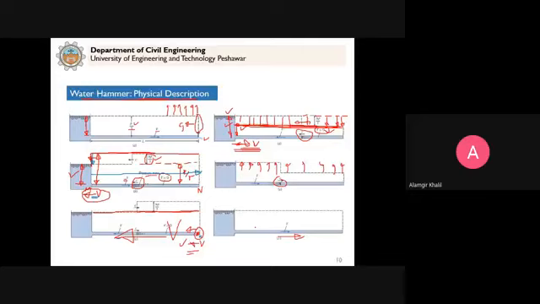So this is essentially the same condition as what happened in the first case. What is in the first case? The pressure is normal. You can see here, in the first case, the pressure is normal and the velocity is flowing in here.